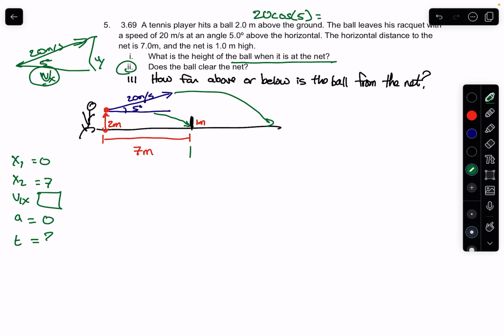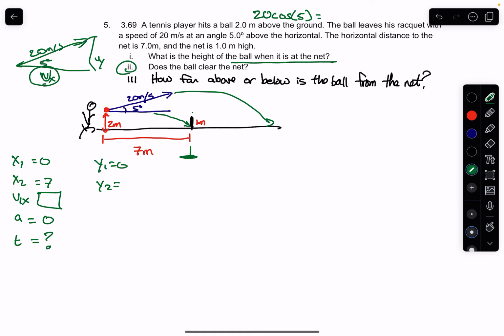The time, we don't know. And for y, y1 is 0. y2, we don't know. And actually, that's sort of the big question. We want to find what the y2 is at 7 meters.